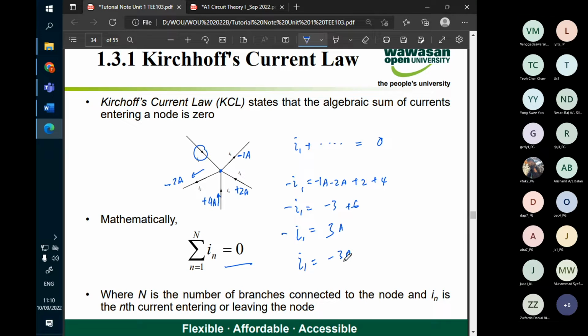I don't really need to match this arrow because it is without any value. Now I simply put the value here, so it doesn't mean that I want it in this direction. The final answer I come out with is a negative value, which means this I1 is not pointing up, it should be pointing this way.